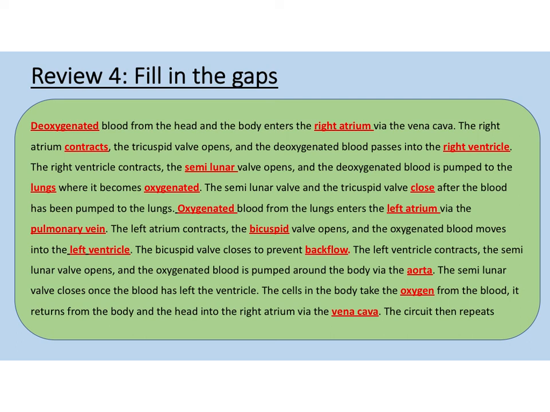The semilunar valve closes once the blood has left the ventricle. The cells in the body take oxygen from the blood. It returns from the body and the head into the right atrium via the vena cava, and then the circuit repeats. So give yourself a tick for each word you got right there, and then we'll move on.